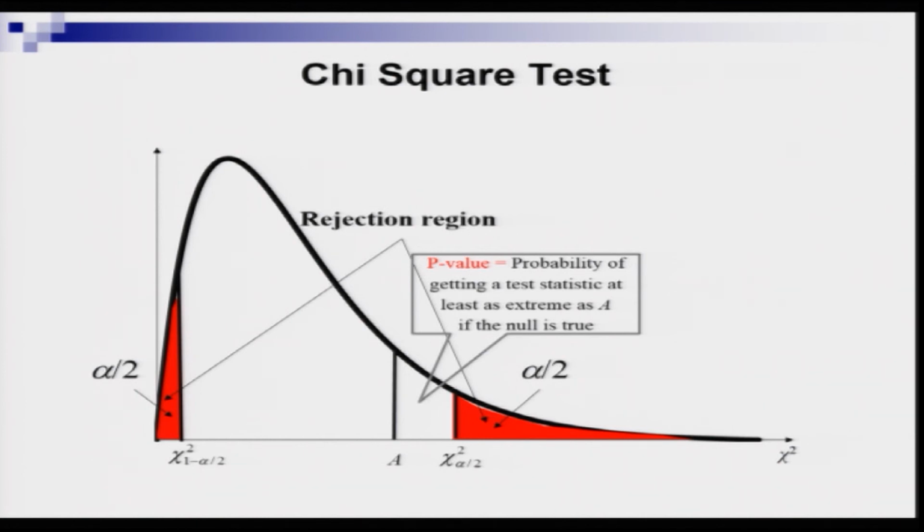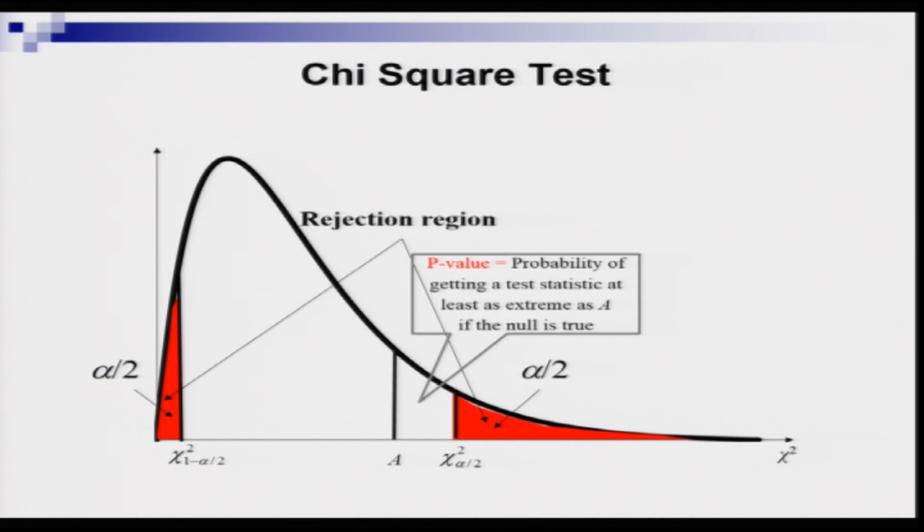But for some alpha, for finding the two critical values for chi-square, you have to basically divide that alpha by 2, and then for that alpha divided by 2 level of significance you have to go to the chi-square table, and figure out the critical value chi-square alpha by 2, and that is basically the value of your right hand tail.